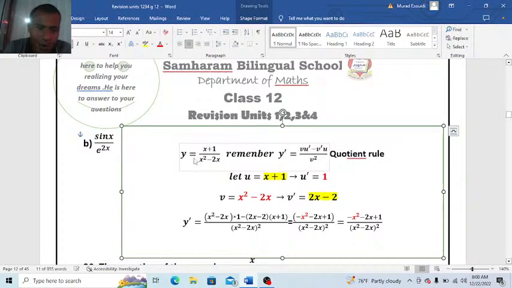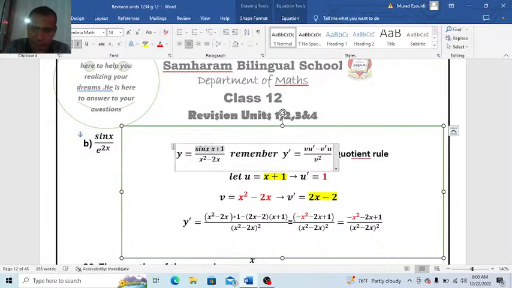I will make y equal sine of x divided by exponential of 2x. This is my equation.